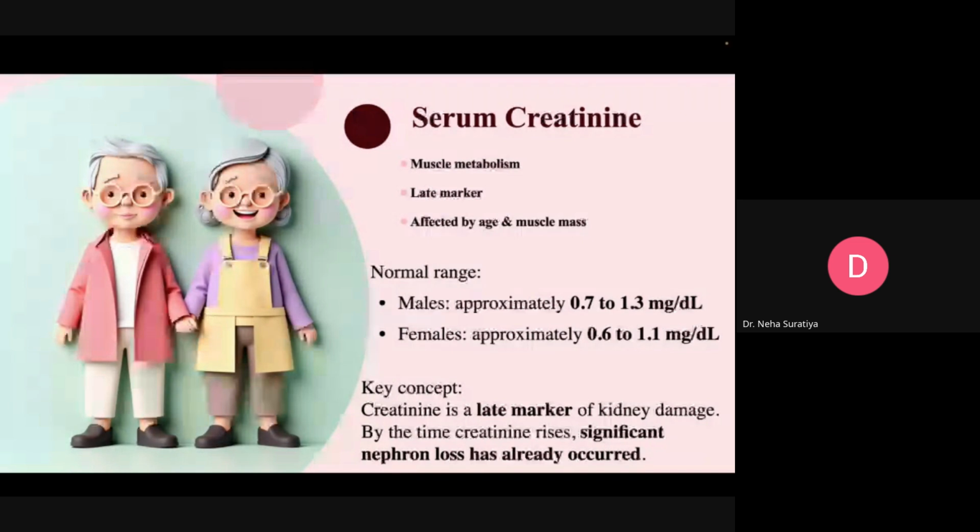Serum creatinine is all about muscle metabolism. It is excreted by the kidney, but it is a late marker. These are the fundamental things you need to be aware of related to serum creatinine, right?